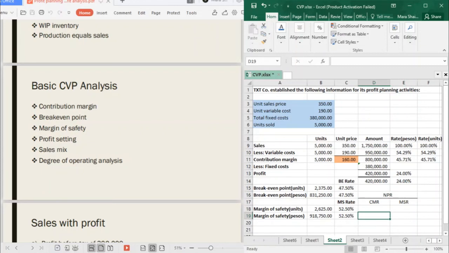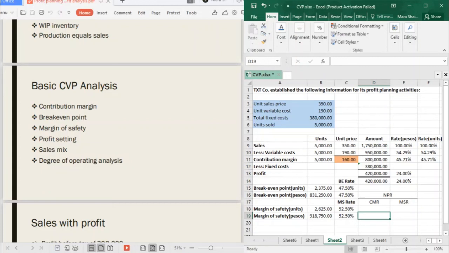So, as you can see, daghan kayong relationship or there are a lot of ways on how you can arrive at a certain requirement using a given requirement. So, dili ra ka mo stick nga, ang contribution margin is makuha ra gyud siya kung sales minus variable cost, di ba?